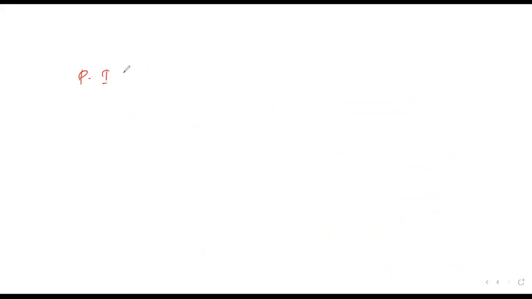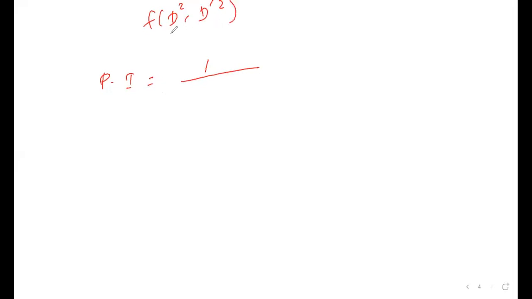You didn't use this idea, so use this idea and find the answers. For the PI, I have given it for f of d squared, d dash squared. What is our f of d squared, d dash squared in this question? We have d squared minus 4 d dash squared. You don't need to consider z, only this one. According to this function, you have to transform our example question.